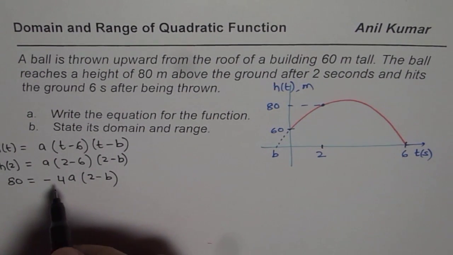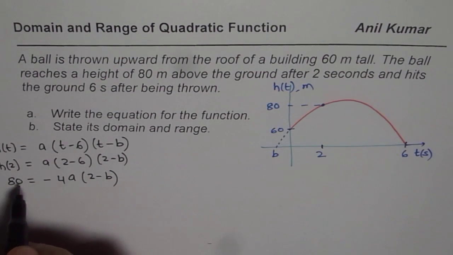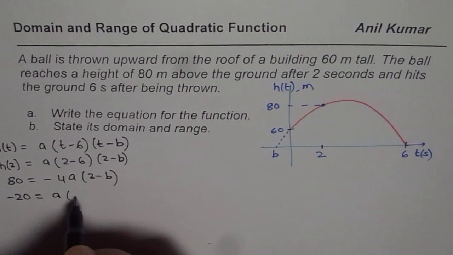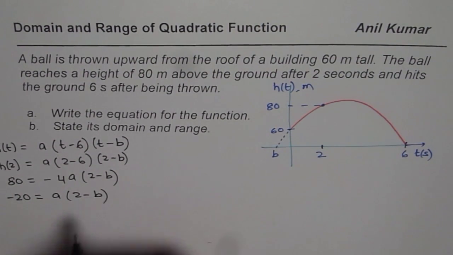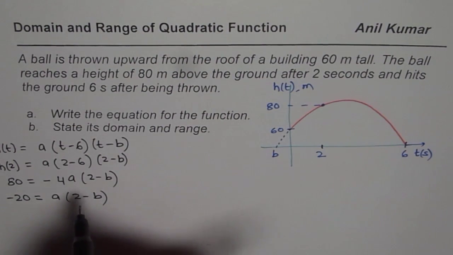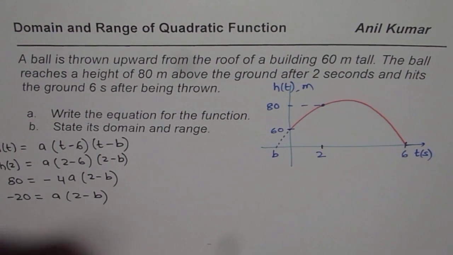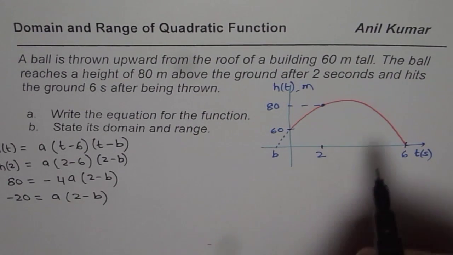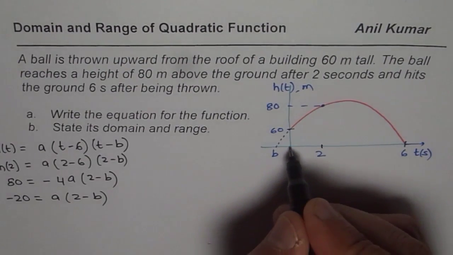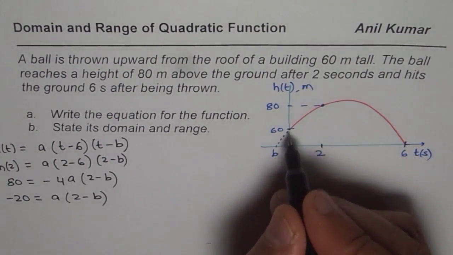Now we can simplify this, we can divide by minus 4, so we get minus 20 equals a times 2 minus b. Let me call this equation 1. Now we are going to substitute the second point, and that is when t is 0, the height is 60.